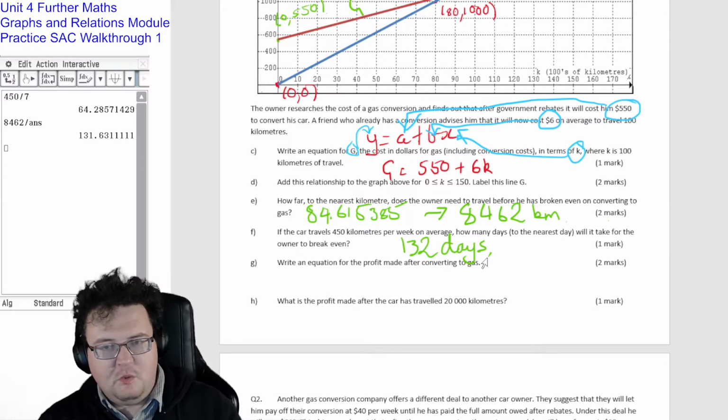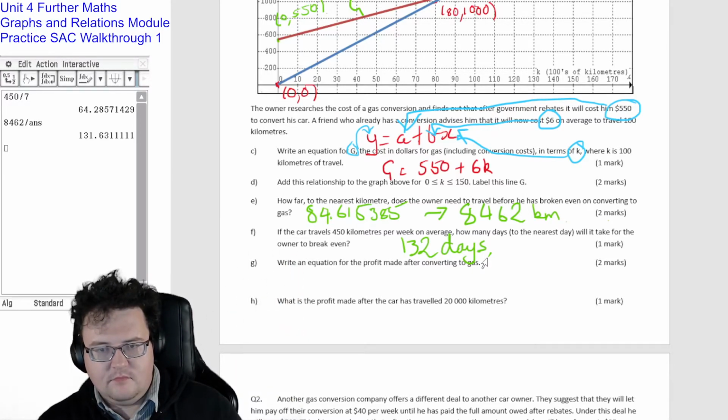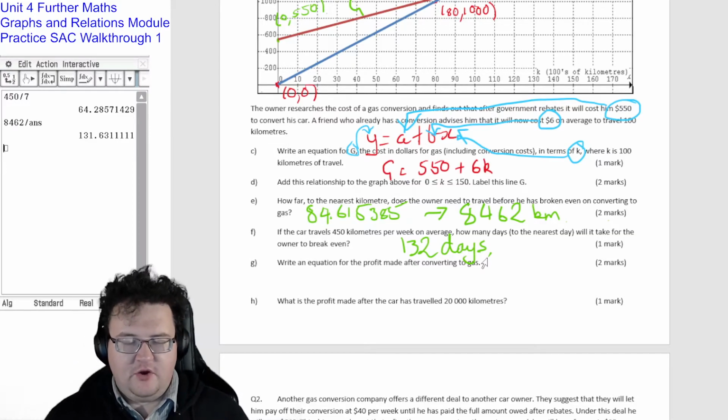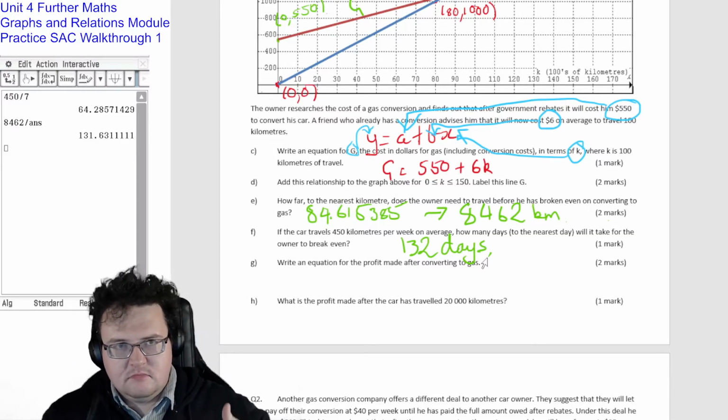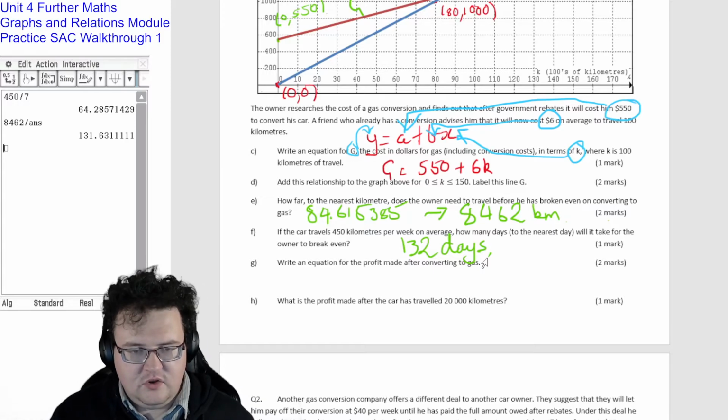Because what we want to do is find that point where the equations overlap, which we've done previously, the 84.615, that's where it overlaps. But we want an equation that says, okay, if I've driven 100 kilometers, which one is better value? Is that going to be the gas or the petrol?